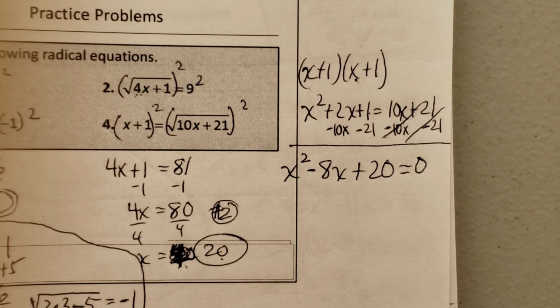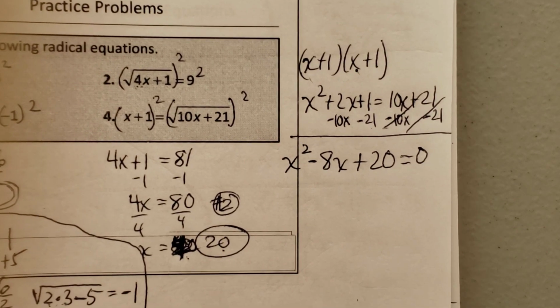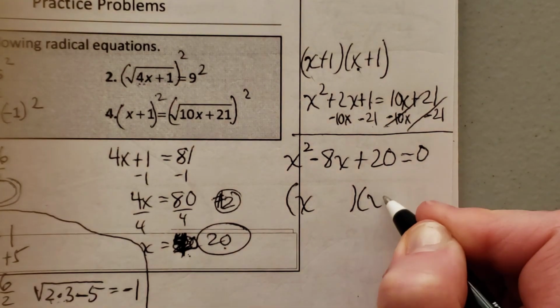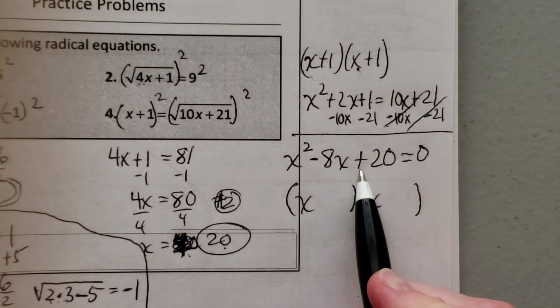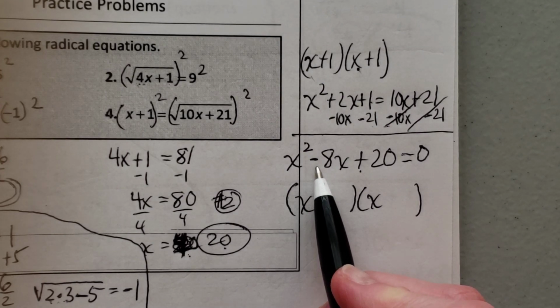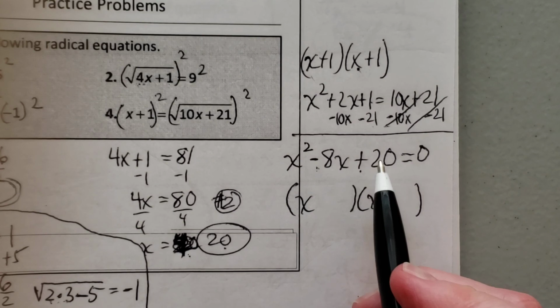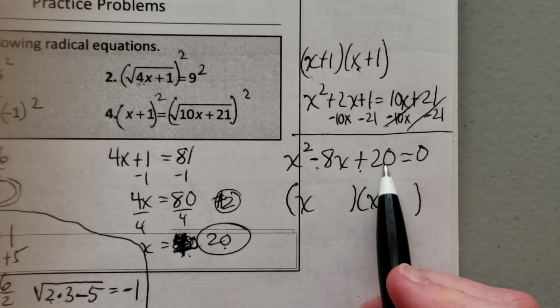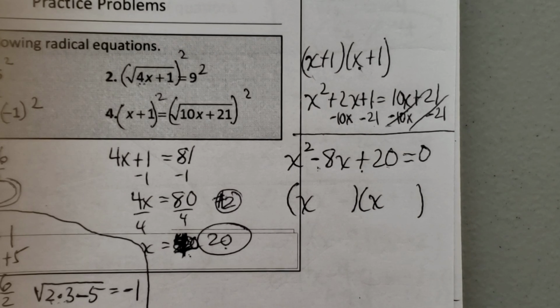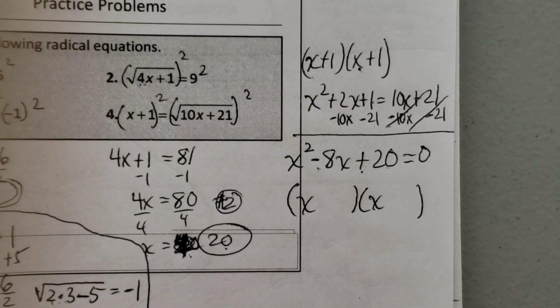So then I'm trying to think of 2 numbers. When I multiply, I get negative 20. When I add them, I get negative 8. Let's see, what would that be? 20 would be 1 and 20, 2 and 10.